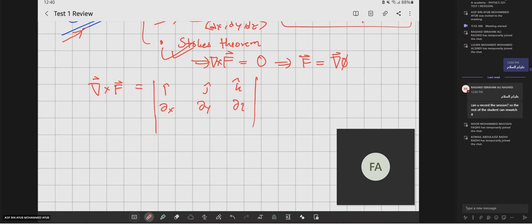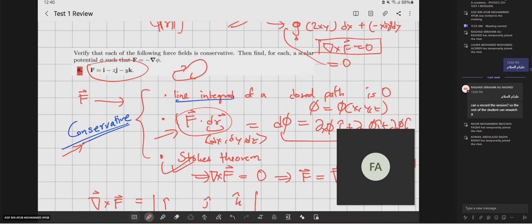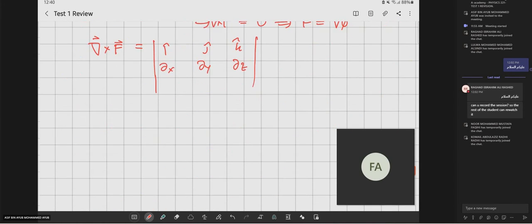So the vector field here is 1, minus z, minus y. Let's do this quickly. Partial y of minus y is minus 1, and partial z of minus z is minus 1, but I have a minus sign, so I get a plus 1. This is the i-th component.